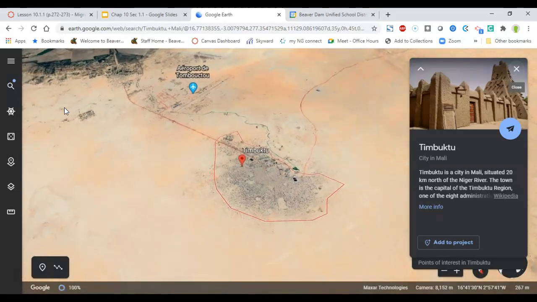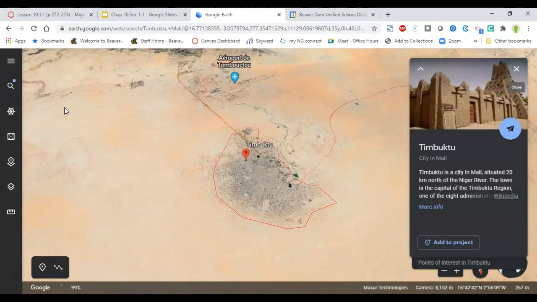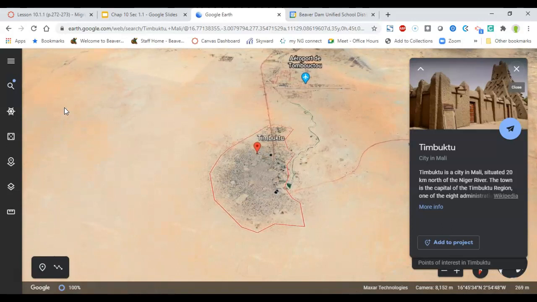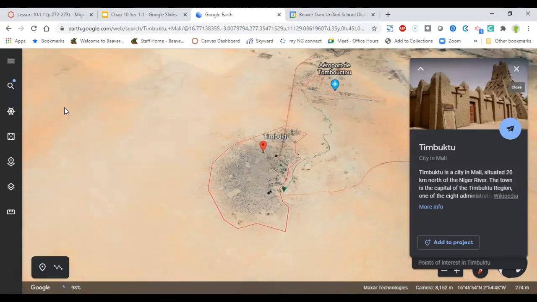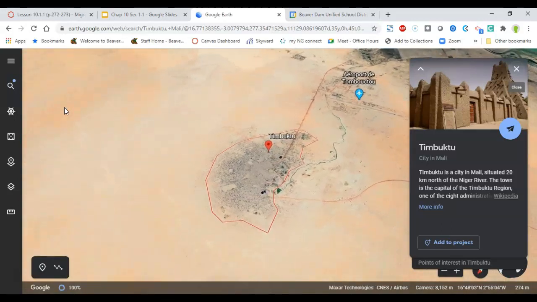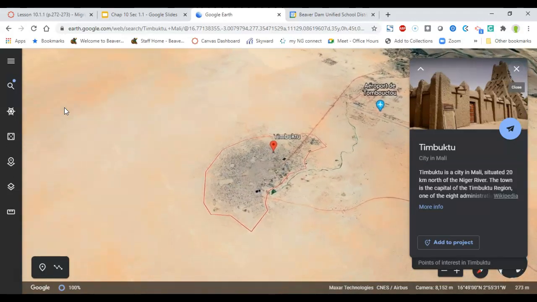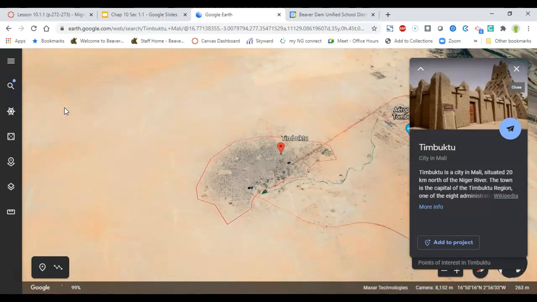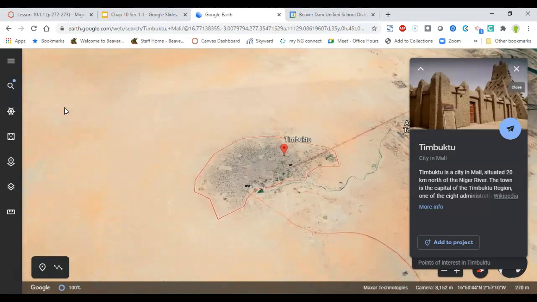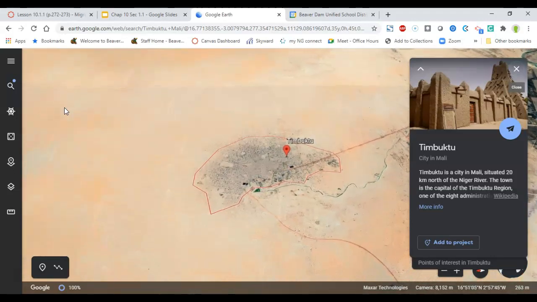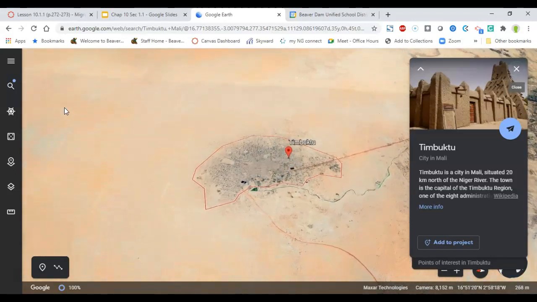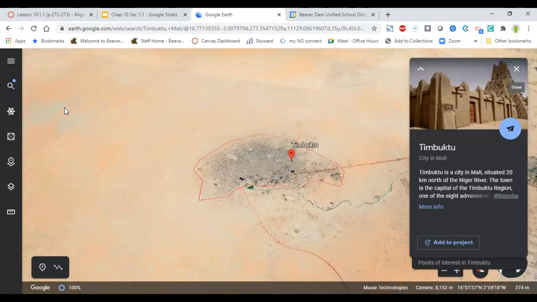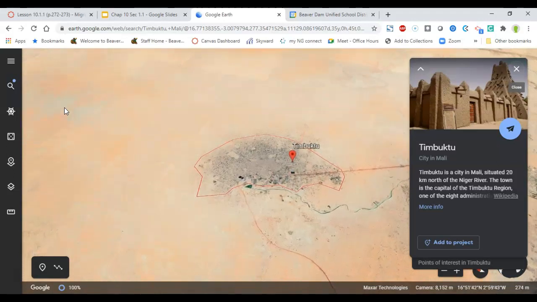It used to be the center of great learning and culture in Africa when the Dark Ages or the Middle Ages were what was happening in Europe, and there wasn't really much going on in Europe, but Africa was flourishing with its knowledge and its libraries, and Timbuktu was a center of civilization in that time period. And this is where the salt traders in the little video were headed to sell their salt.